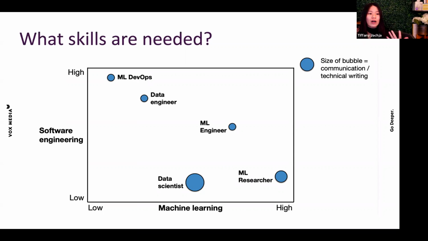So, how well do you work with different software engineering tools and practices that will help us productionalize this application, versus machine learning, where it's heavily domain based, right? Do you know the current practices? Do you know the architectures, the NLP, big data, all of the different use cases, and how can you work with that? And then this third dimension is around technical writing and communication, because that's also important in a team, right? We need to be able to talk about what we're exactly doing.